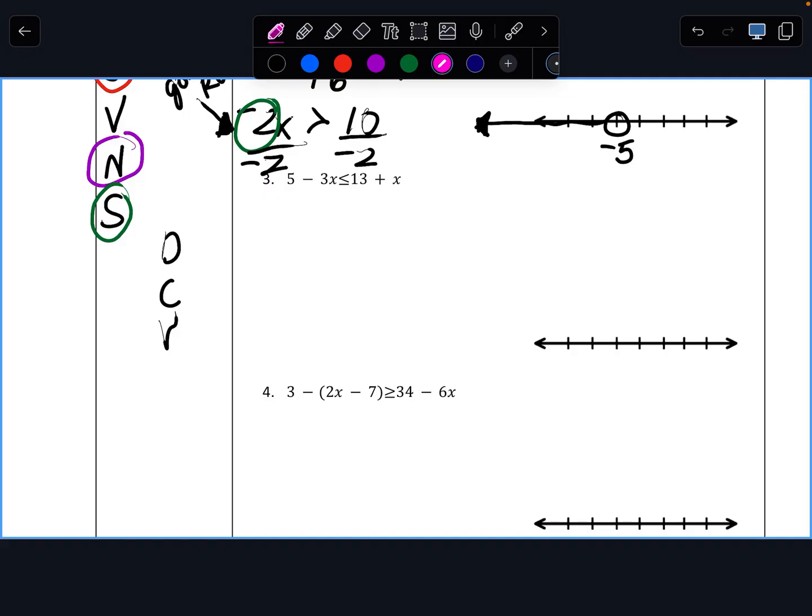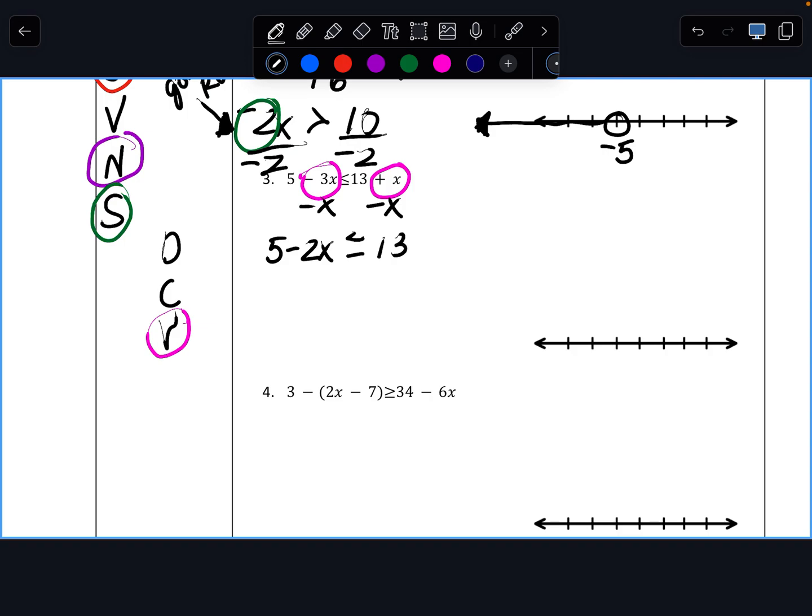I have a variable on both sides. I have a negative 3x here, and I have an x here. So I'm going to move the variable with the smaller coefficient, which would be x. So I'm going to subtract x from this side, subtract x from this side. 5 minus 2x is less than or equal to 13.